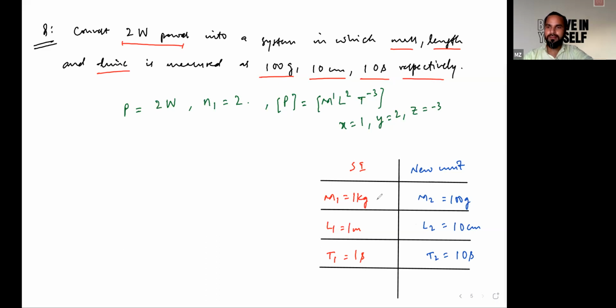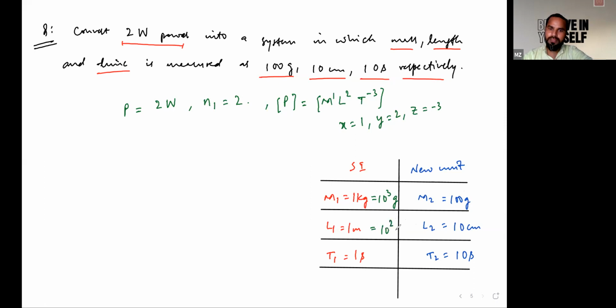Sir, we have to solve. No, just see. Here we have mass in terms of kilogram, but here we have mass in terms of gram. So just convert this particular mass in terms of this particular unit, gram. So it would be 10 to the power 3 gram. The next part is we have length in meter, but we have length in centimeter.